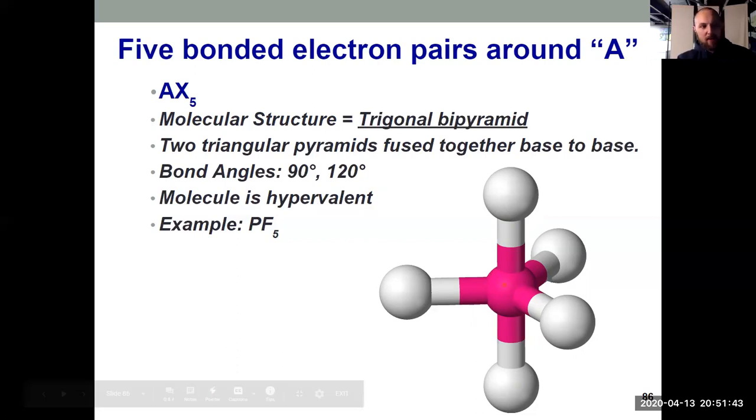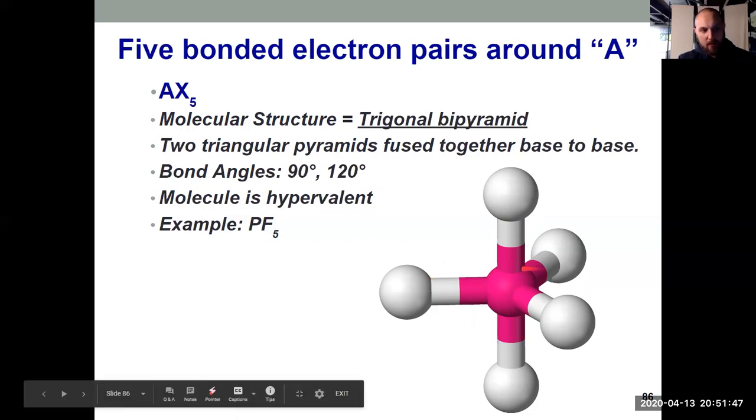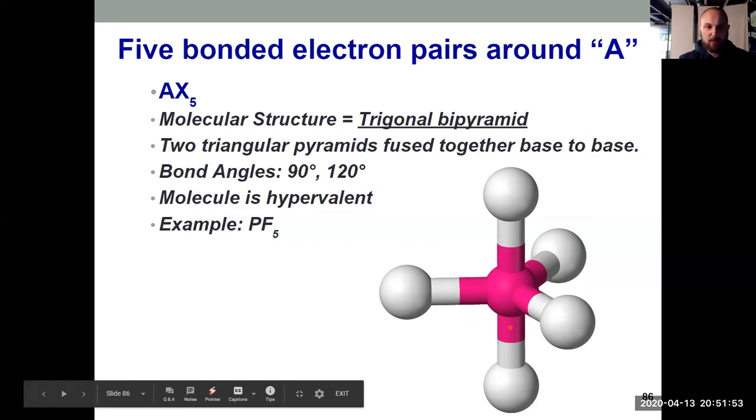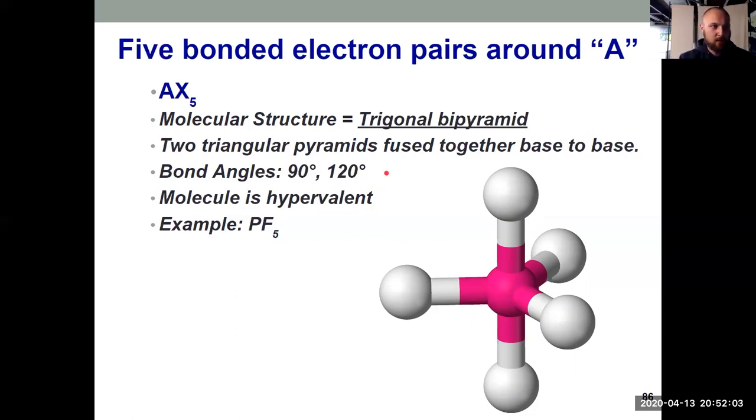Two types of bond angles here. The ones in the middle are 120 degrees apart, just like we saw with trigonal planar. But if I take one of these top or bottom ones plus a middle one, they're 90 degrees apart. And these have to be hypervalent. So AX5, trigonal bipyramidal, a couple of different bond angles there.